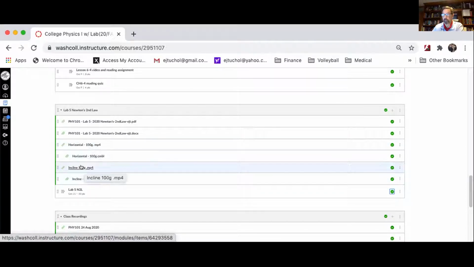There are 2 different sets of apparatus, just a slight modification to the apparatus. One's horizontal, one's on an incline, obviously from the names. That's where you'll get your data. You do the analysis of it, but you also do a prediction. The prediction is to figure out what you expect the acceleration of the cart and the tension in the string pulling the cart to be.